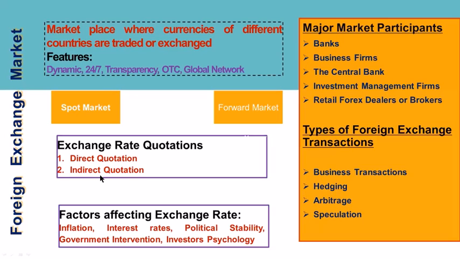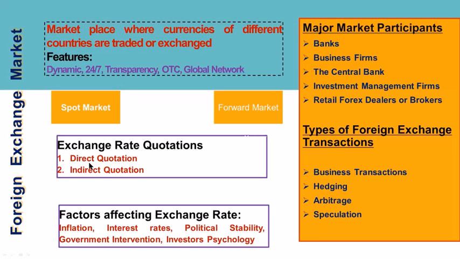Now, in direct quotation, listen to me very carefully, the price of one unit of foreign currency is expressed in terms of domestic currency. That is direct quotation. Can you think about an example?